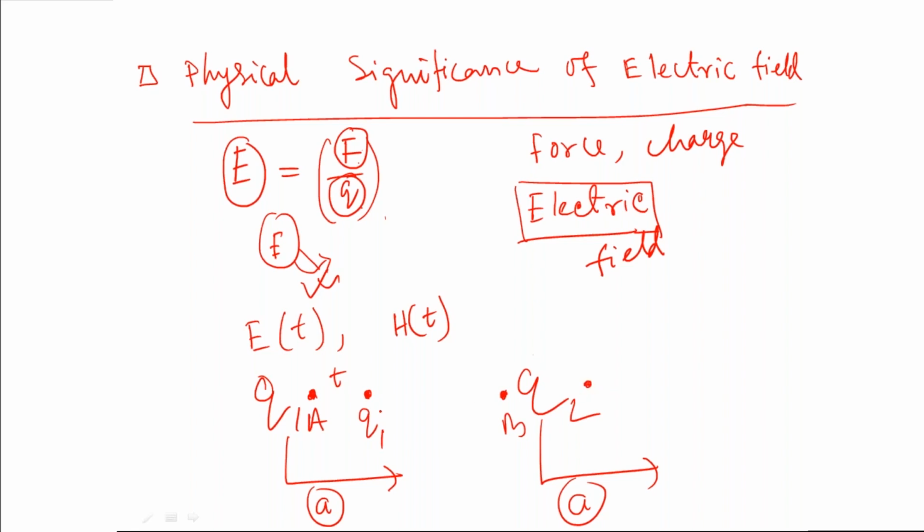Uniform acceleration means they will maintain the same distance if they have the same acceleration. But still they are experiencing a force, right? Even though they are in motion, changing their position from time to time, still they are experiencing a force.